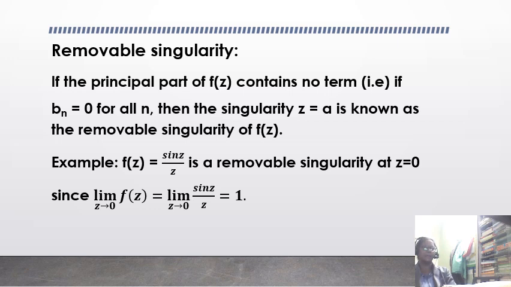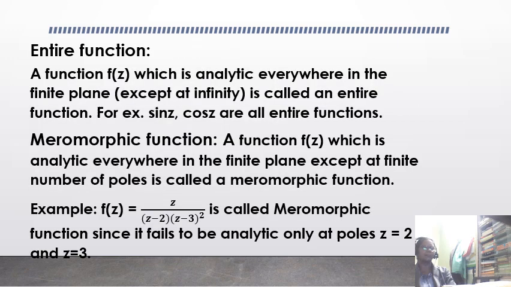In this example, f of z is equal to sin z by z is a removable singularity at z equal to 0. Since limit z tends to 0 of f of z is equal to limit z tends to 0 of sin z by z, and it is equal to 1. Therefore, z equal to 0 is the removable singularity.